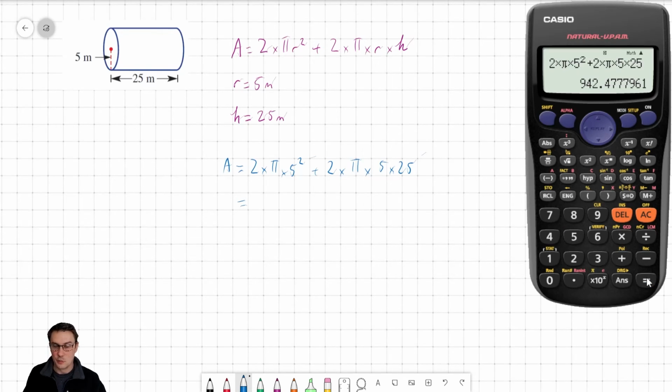When we press equals, we have an answer of 942.4777961. We want to round this off to 2 decimal places, so it's 942.48, and that's meters squared because we're finding an area.